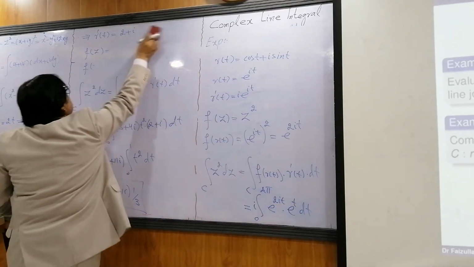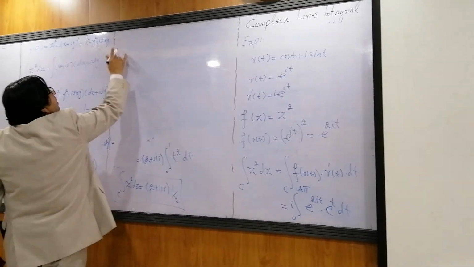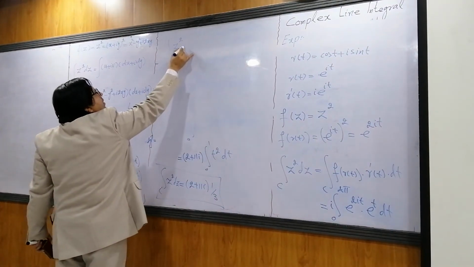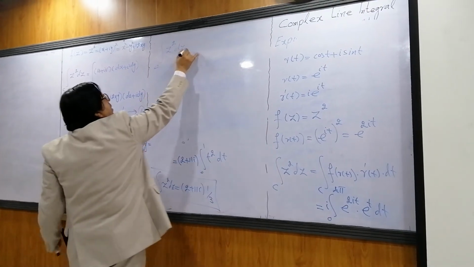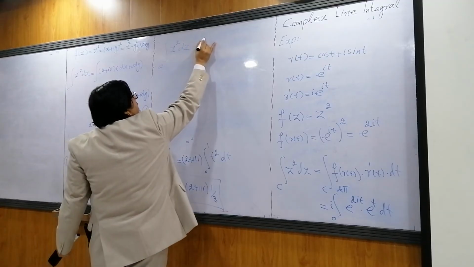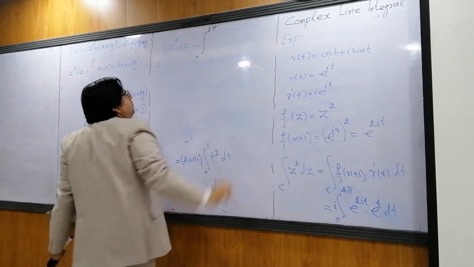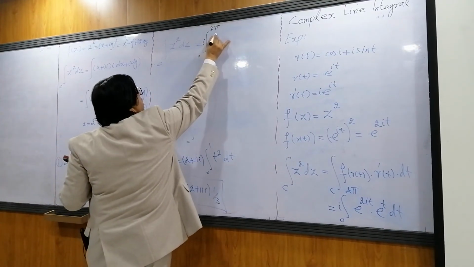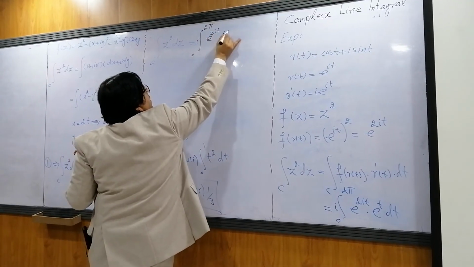And now from this you can easily obtain that the integration of the function z square along the curve C is equal to the integration from 0 to 2 pi of iota e power 3 iota t dt.